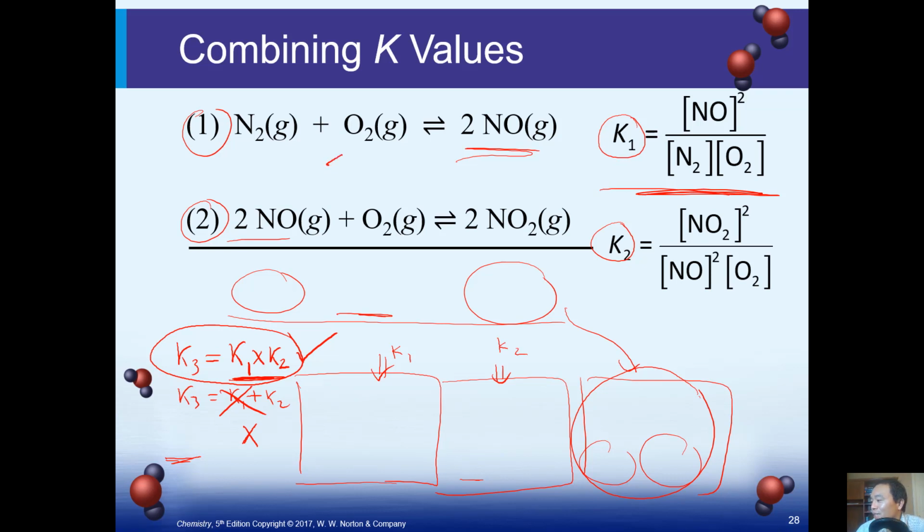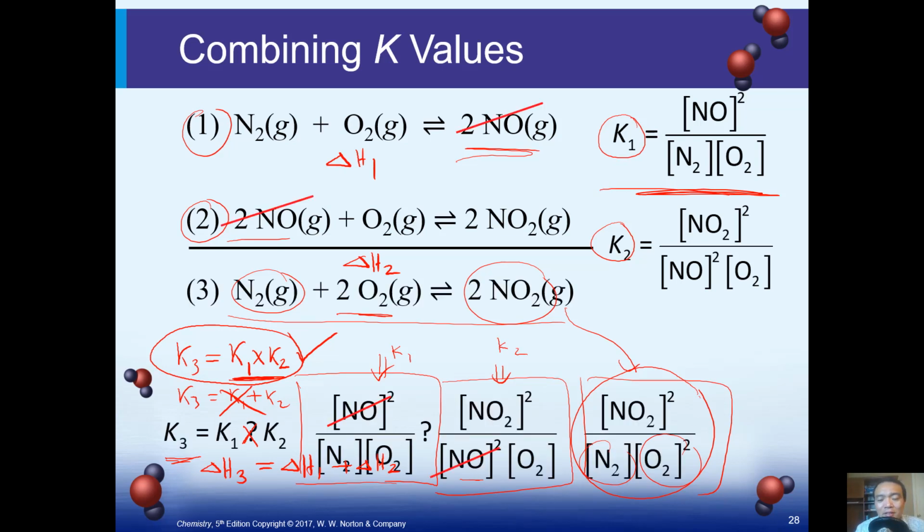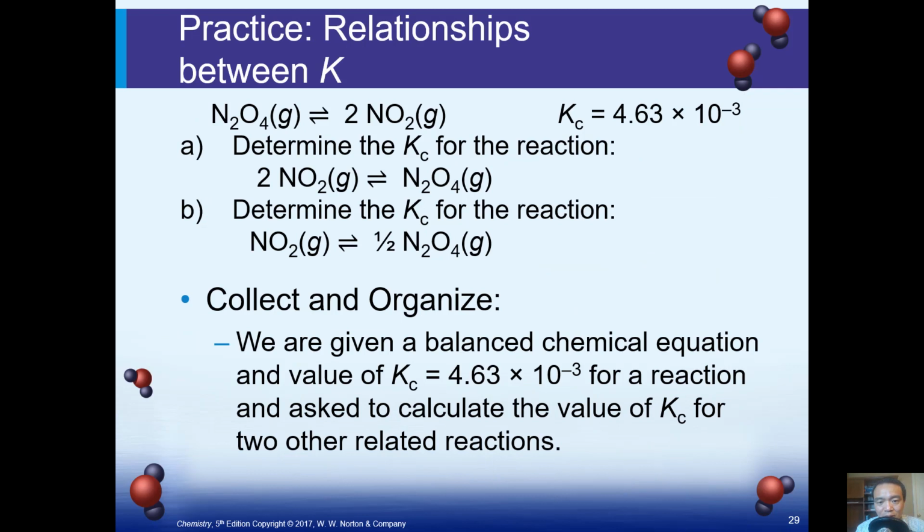If you have delta H1 for reaction 1 and delta H2 for reaction 2, as we learned in Gen Chem 1, delta H3 for the new reaction will be delta H1 plus delta H2. All right, let's solidify what we just learned using one example.